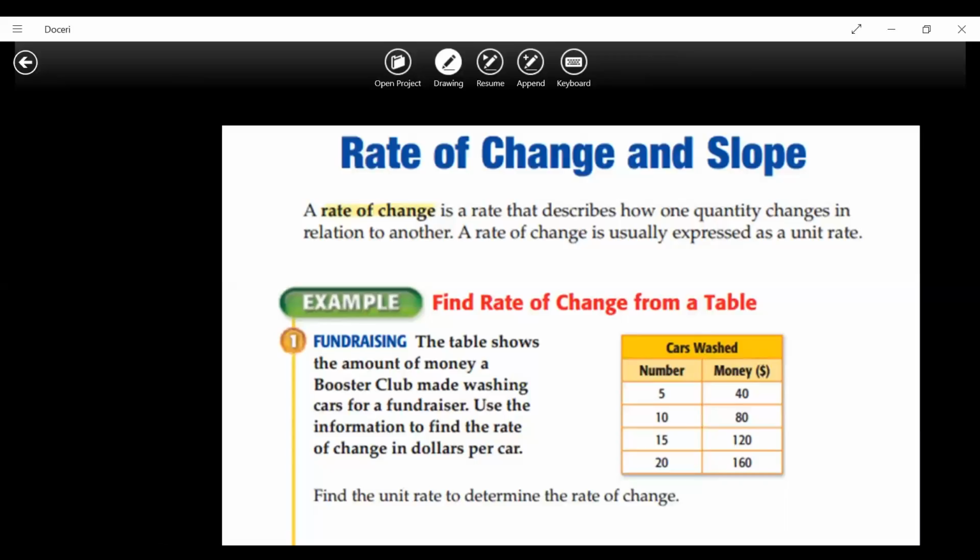So copy. Copy the table too. Everything.